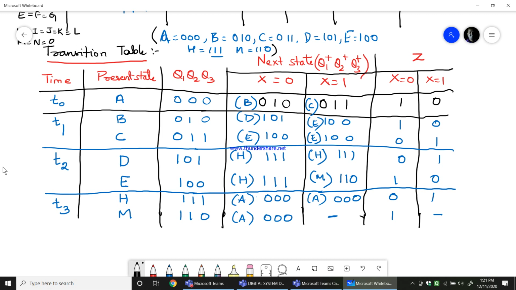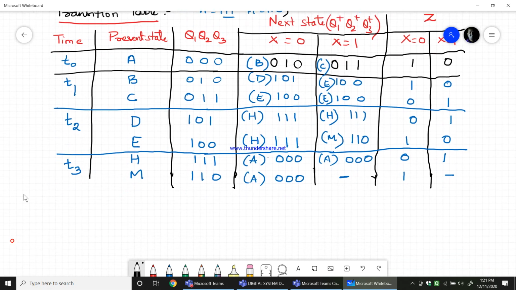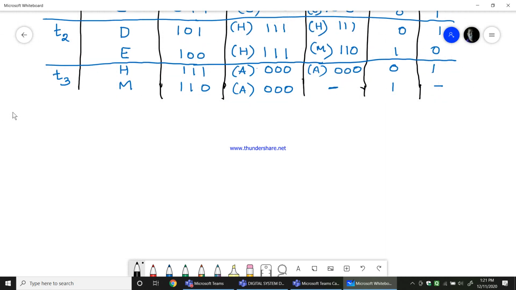Okay. So the next table would be, now I am designing the sequential circuit for BCD to XS3 using which flip-flop? If I ask you to design using JK flip-flop. Design this using JK flip-flop.